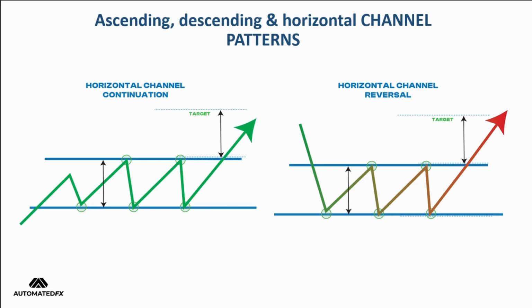A horizontal channel forms when price moves sideways between support and resistance levels. This pattern suggests consolidation and a balance between buyers and sellers. Channels help traders identify potential buying and selling zones within an existing trend.